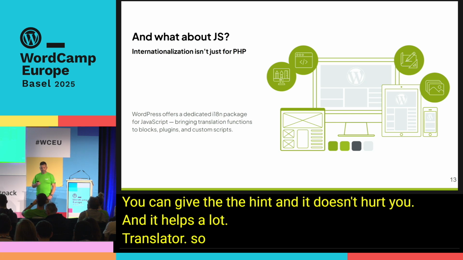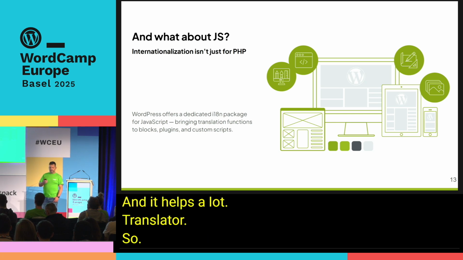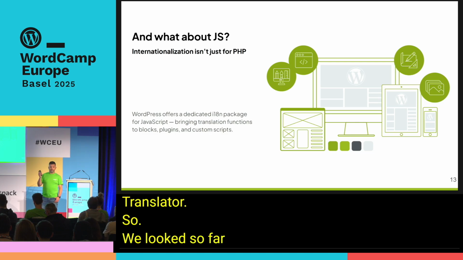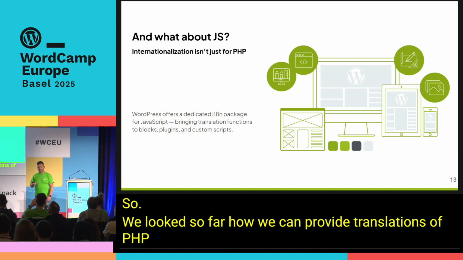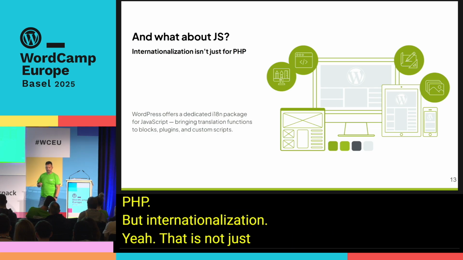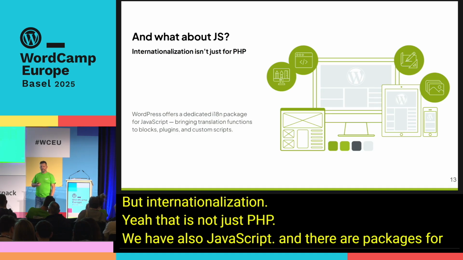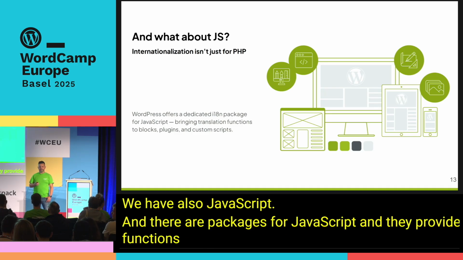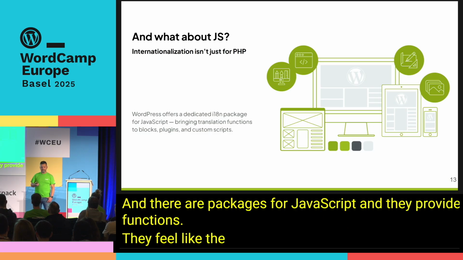So, we looked so far at how we can provide translations with PHP. But internationalization, yeah, that is not just PHP. We have also JavaScript. And there are packages for JavaScript, and they provide functions that feel like the functions before.